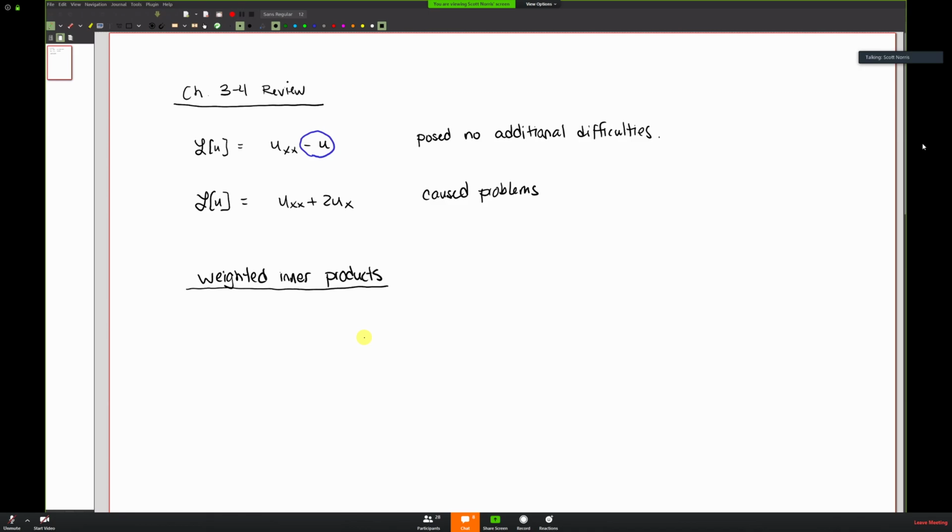And so we gave this the name of weighted inner product. The weighted inner product of U and V is the integral of U times V times W(x) dx, U, V with a weight function.